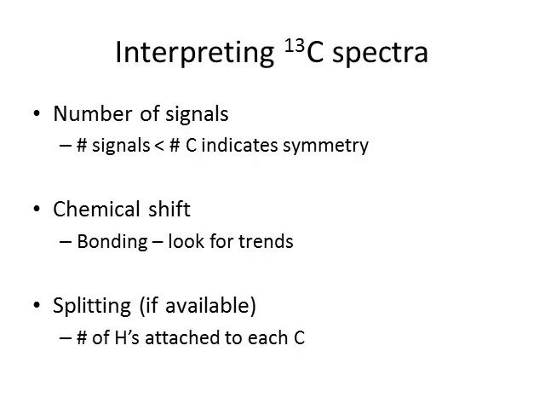Let's just recap. There's really three things that you look for in a carbon-13 spectrum. The first thing that we found was that every unique carbon gives a unique signal. This is because the signal in the carbon-13 spectrum is related to the energy of the excitation-relaxation transition.